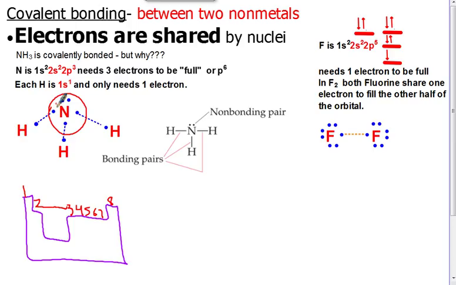How many more does nitrogen need to get to 8? I'm being shown 3 fingers. Yeah, 3. It needs 3 more electrons to fill up the remaining space. These hydrogens each have 1. So if the nitrogen shares, and shares, would the nitrogen appear to have 8 through sharing?